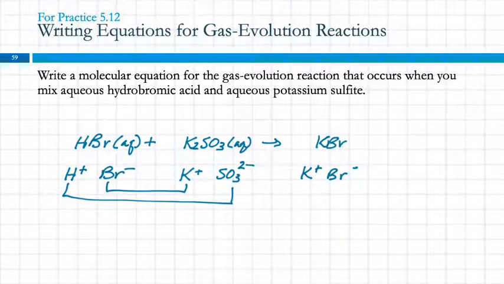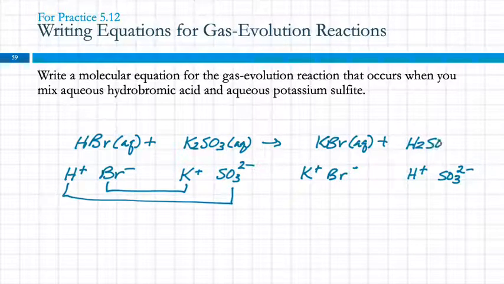KBr, is that soluble or insoluble? Soluble. All potassium compounds are soluble. And then the other one is going to be hydrogen ion with sulfite ion. And based on the charges, we put those together and we get H2SO3. That's sulfurous acid.